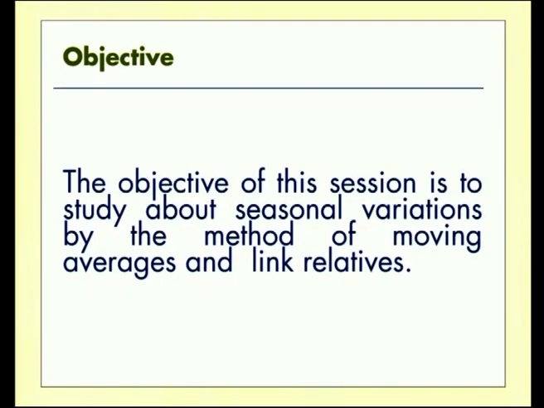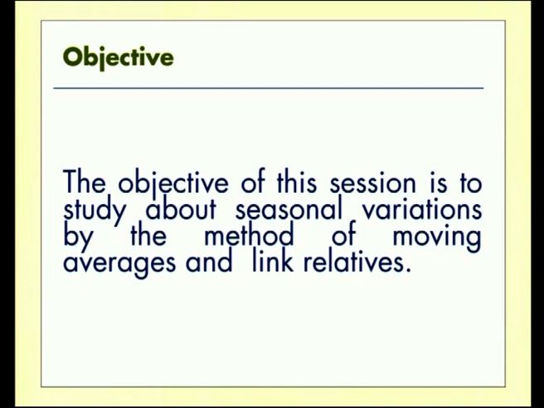Welcome to UGC lecture series. As discussed in the previous sessions, we were discussing various components of time series analysis, and the next component of time series, seasonal fluctuations. We have been calculating seasonal fluctuations by the method of simple averages and by the ratio to trend method in the previous sessions.